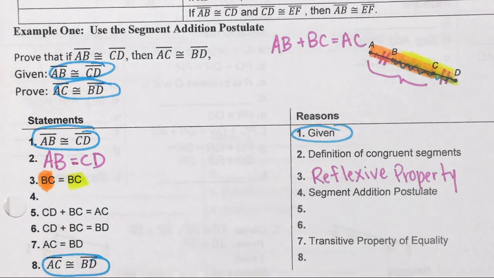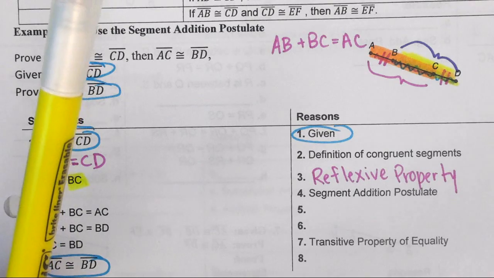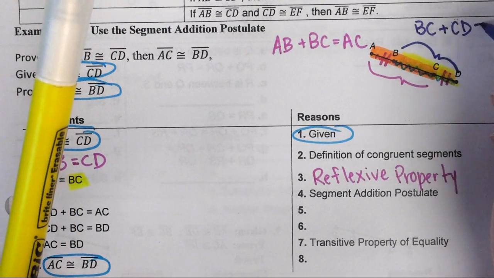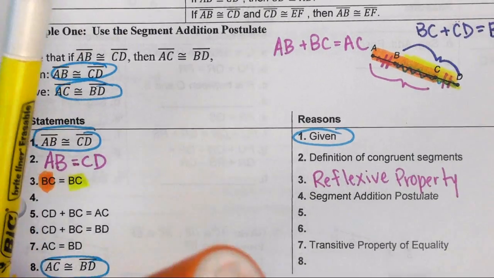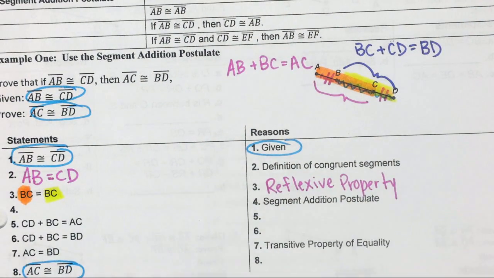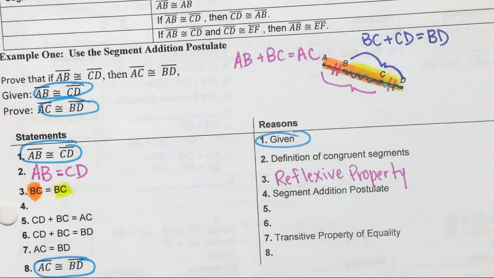Or I could write one for BD, and that would be BC plus CD equals BD. So technically I can write it twice. There are 2 different segments that could use the segment addition postulate. And I know there's a problem on the worksheet that even has 3 segments that use segment addition postulate. So it's okay to use the segment addition postulate multiple times.